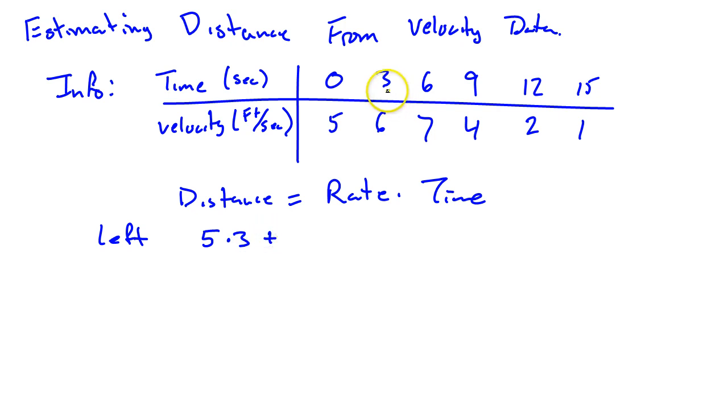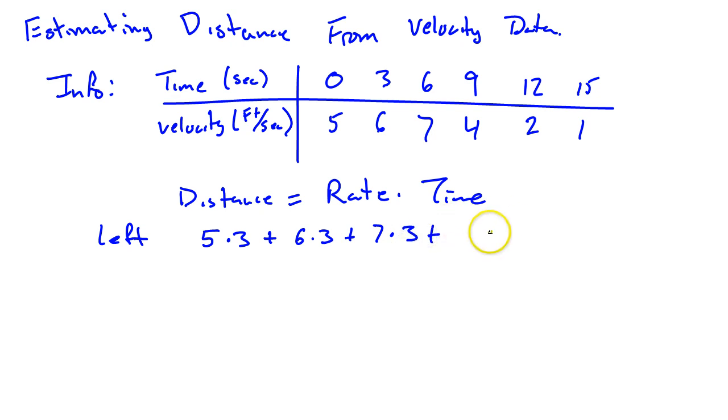Then in the next subinterval from 3 to 6, again, that's a time of 3 seconds. It's either 6 or 7, and I'm choosing the left side, so it's 6. So a rate of 6 times a time of 3 seconds. From 6 to 9, another 3 seconds, I'm going to say I'm traveling at 7 feet per second. So 7 times 3, right?